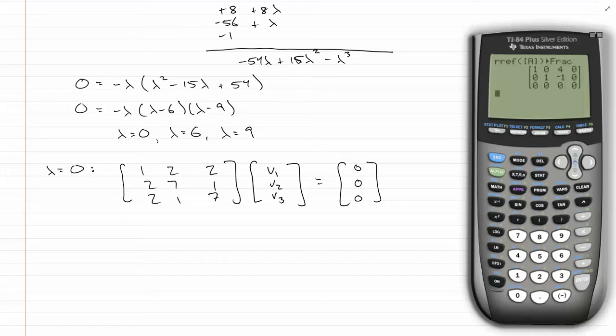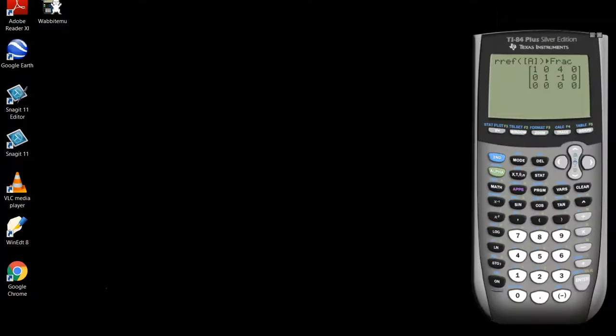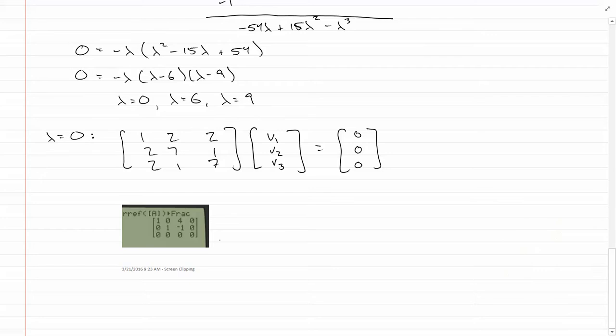Okay, and notice what you get here is, the third equation is just a bunch of zeros, and so really what this means is that V1 minus V3 is 0, so that just means that V2 equals V3. Right, I'll write all this down. So actually, here's what the calculator looks like when we RREF it.